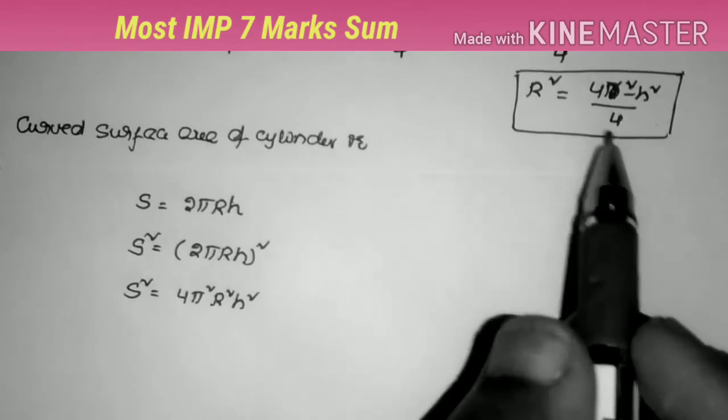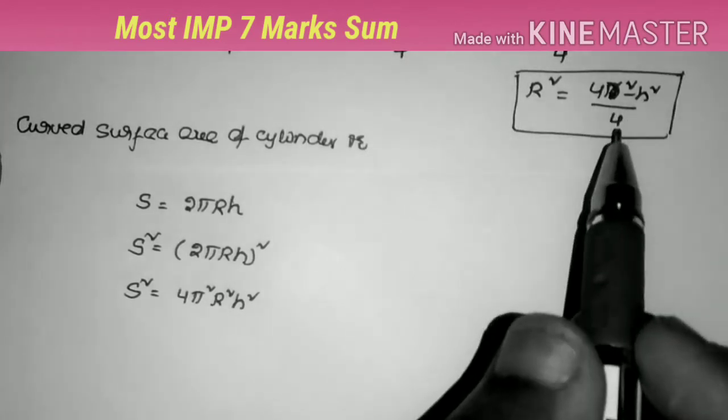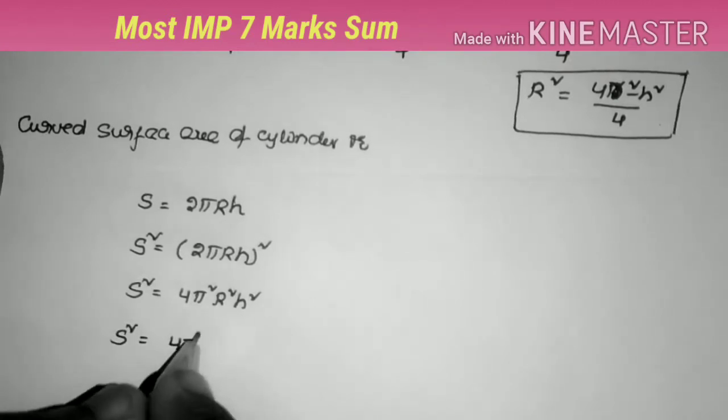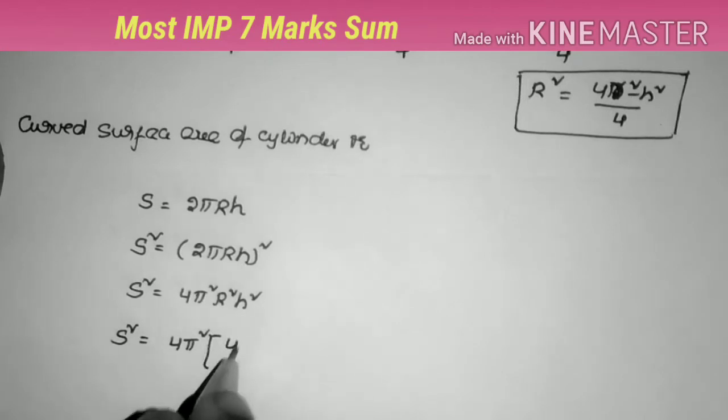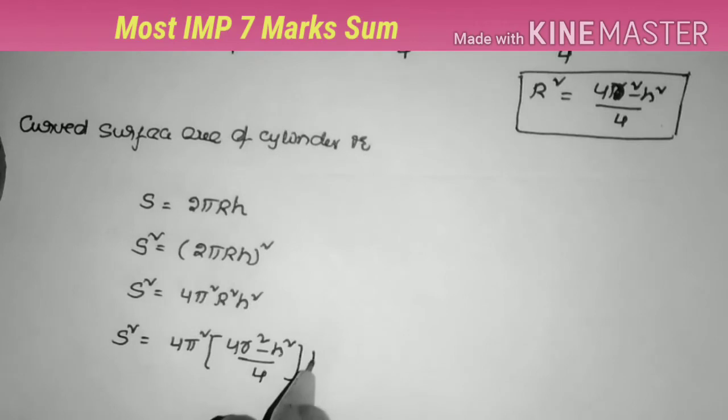Now replacing the R square value here: R square is equal to 4r square minus h square by 4. So S square is 4 pi square into 4r square minus h square by 4 into h square.